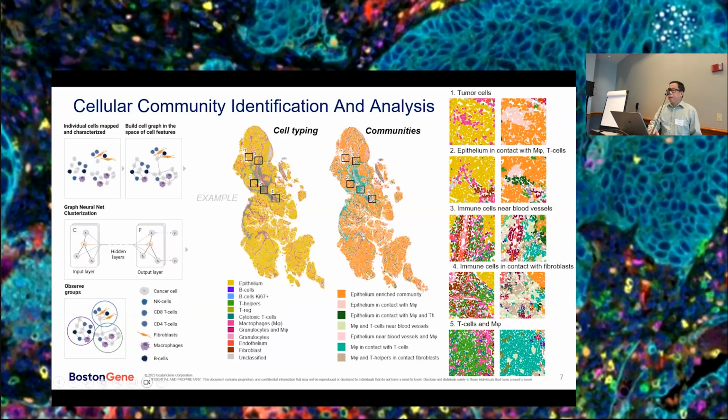We can see clearly they have distinctive cell composition. For example, the first one is just tumor cells, and the second one, tumor with macrophages, T cells, etc. This will have a tremendously different reaction, let's say, to immunotherapy or tumor progression.